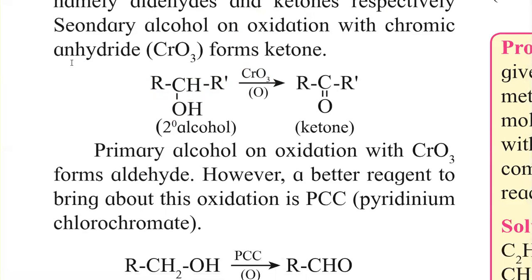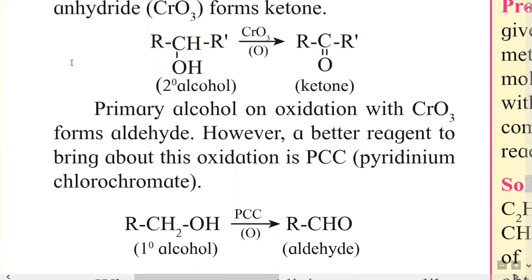When treated with chromic anhydride, then these two hydrogen atoms are eliminated, that is dehydrogenation takes place, and we get ketone as a product. So secondary alcohol on oxidation with chromic anhydride gives ketone formation.